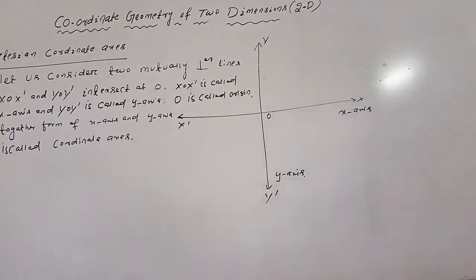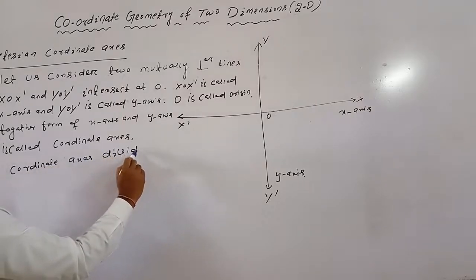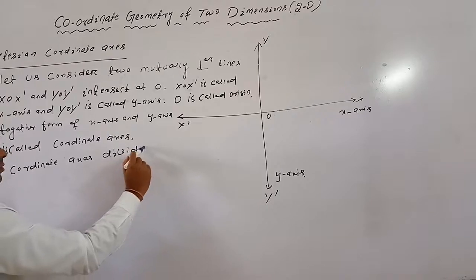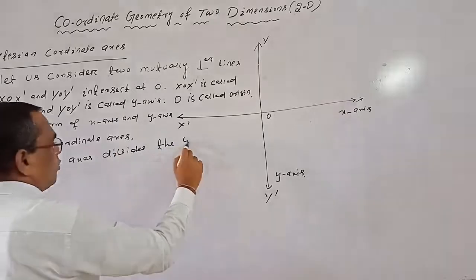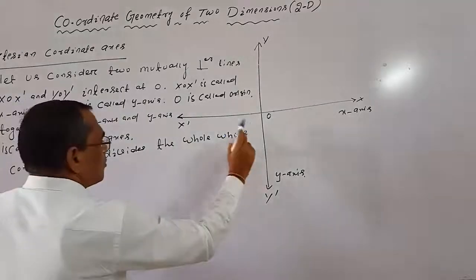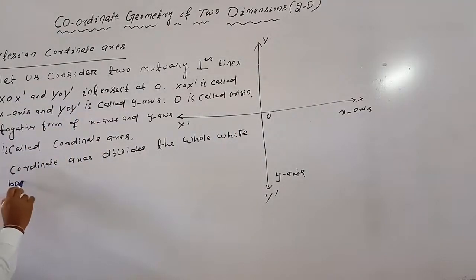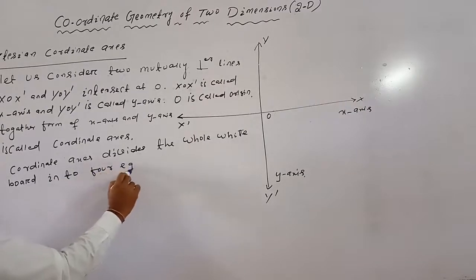Okay, there is two axis. Coordinate axis divides the whole whiteboard into four equal parts.